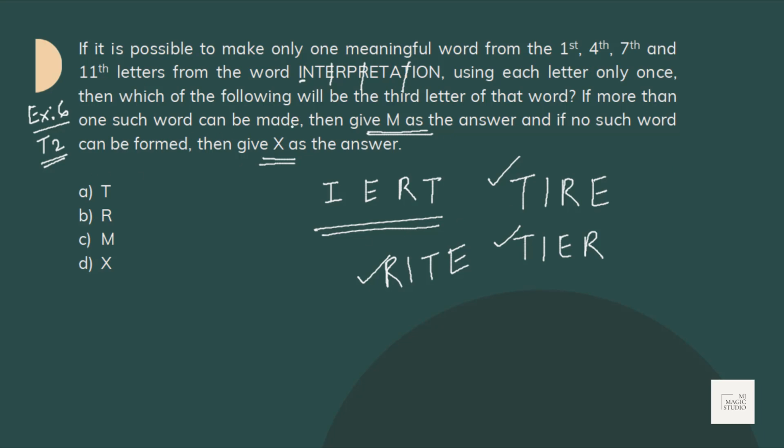So it's been given that if more than one such word can be made, then give M as the answer. So M is in option C. I'll mark M because you can form more than one word. Even if you can form 2 words, you are supposed to mark M. So T-I-R-E is there, T-I-E-R is there, and R-I-T-E is also there. So I'll mark M.